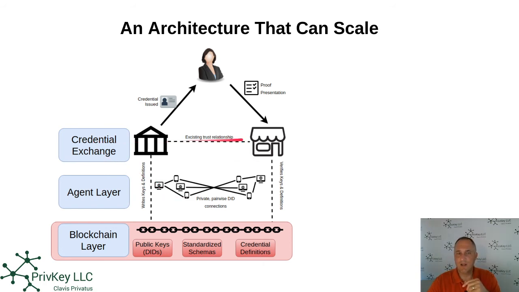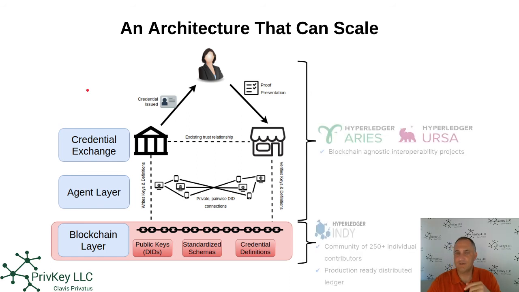And then you have the credential exchange up at the top, where you have the issuers on one side, and then you have an existing trust relationship with the merchants, in this case, for example. And you finally have the holder. The holder gets issued a credential, and then they prove back down.